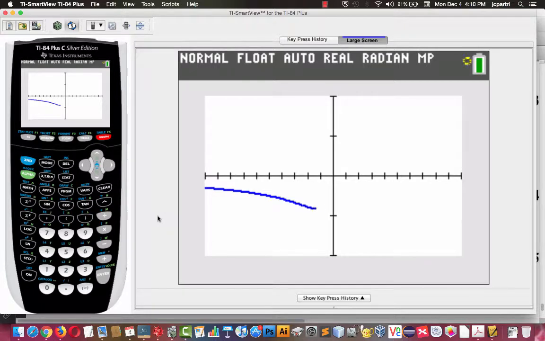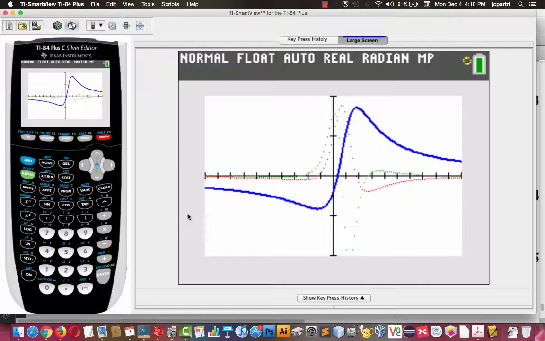So here's the original function that's graphing right now. Then comes the derivative, the first derivative. Not too bad. And now comes the second derivative. Again, it's not going to happen as quickly because it's using numerical techniques to try and graph this curve.